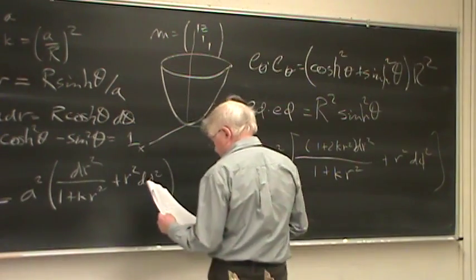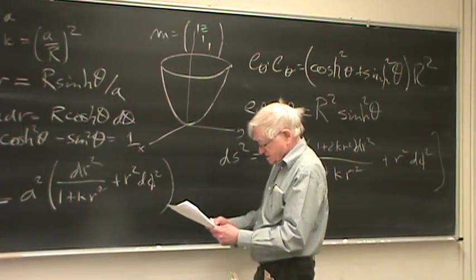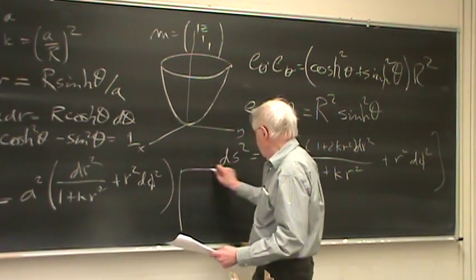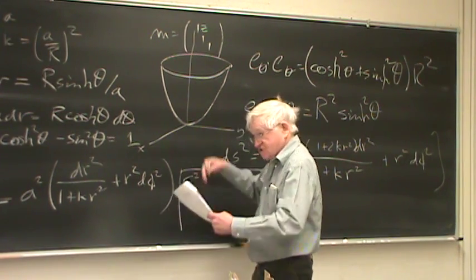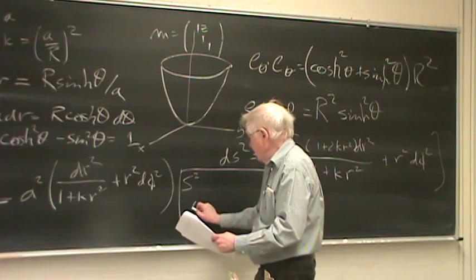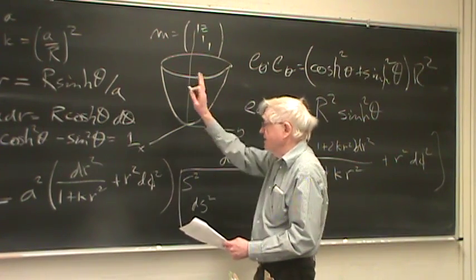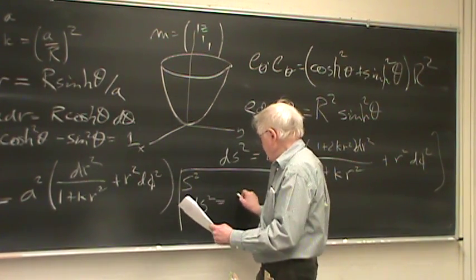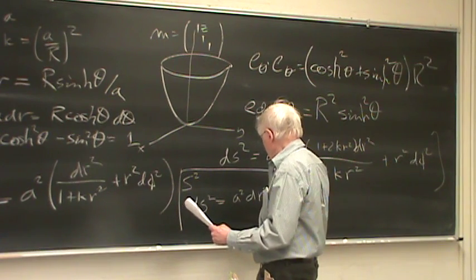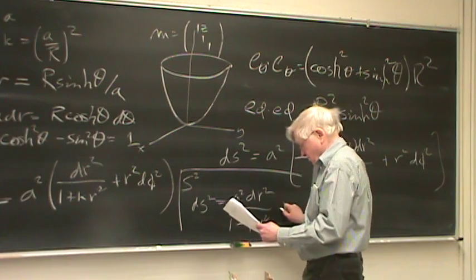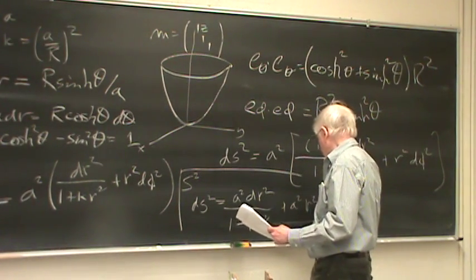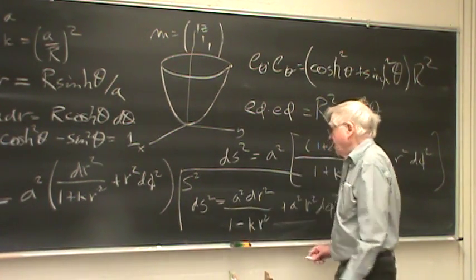The ordinary 2-dimensional sphere has, with these same choices of coordinates, a² dr² over (1 − kr²) plus a² r² dφ².